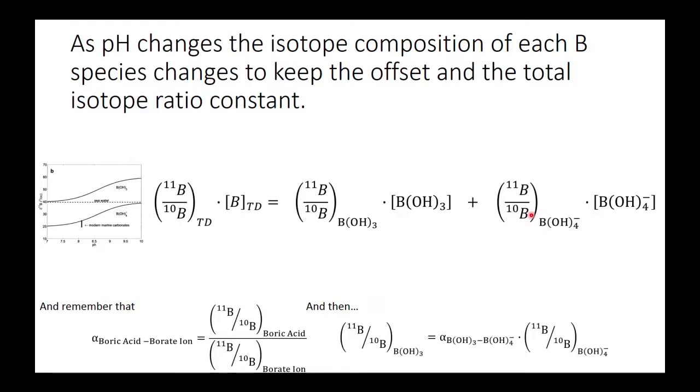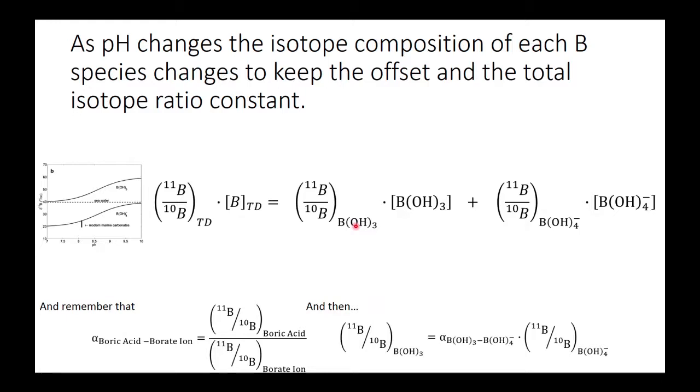So we can do some rearranging here, because we know that the fractionation factor is just going to be the ratio of this term divided by this term. So we can re-express this. We call this a mass balance equation, because it's just balancing the masses of all of the isotopes so they add up to the total.